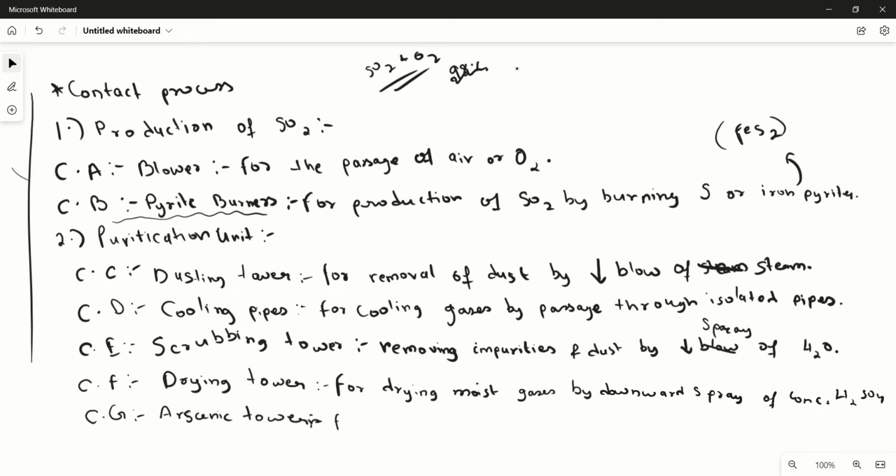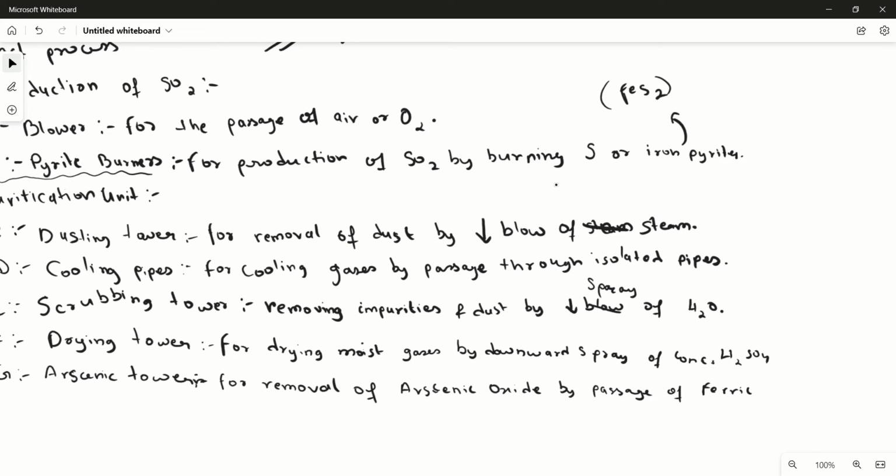So, for removal of arsenic oxide by passage of ferric hydroxide, Fe(OH)3. Ferric hydroxide. Yeah.